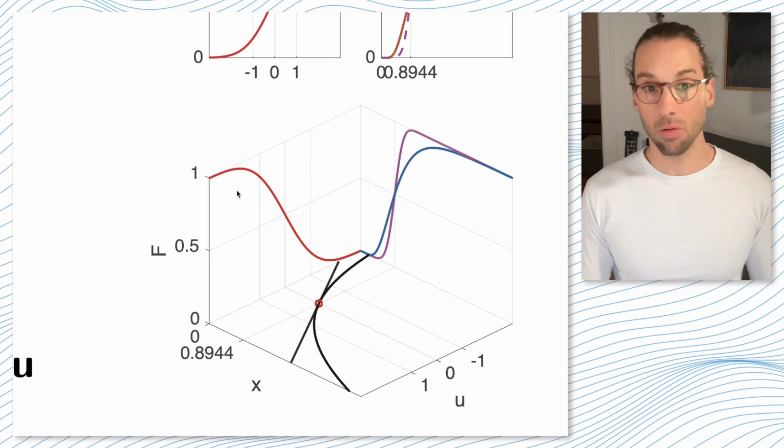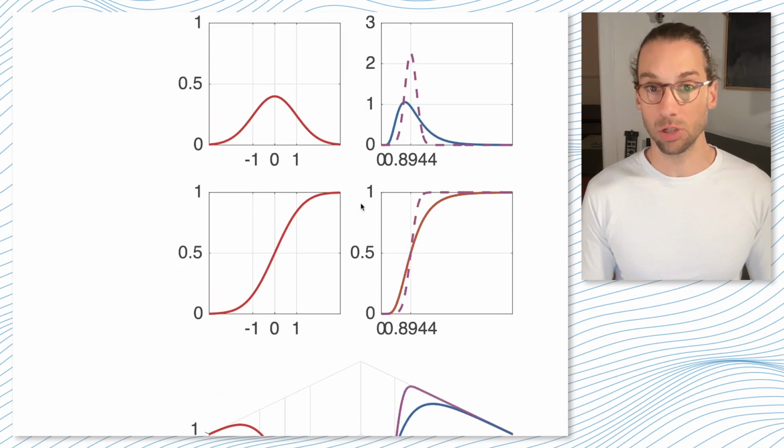Then if we go from the original space to the standard normal space and back to the original space, we get the curve in purple here, which is going to be my equivalent Gaussian in the original space. This gives me this dashed line here, which is the equivalent normal for my original space.